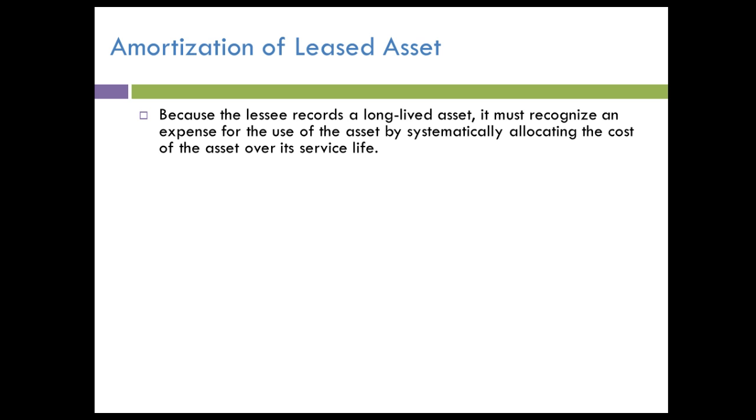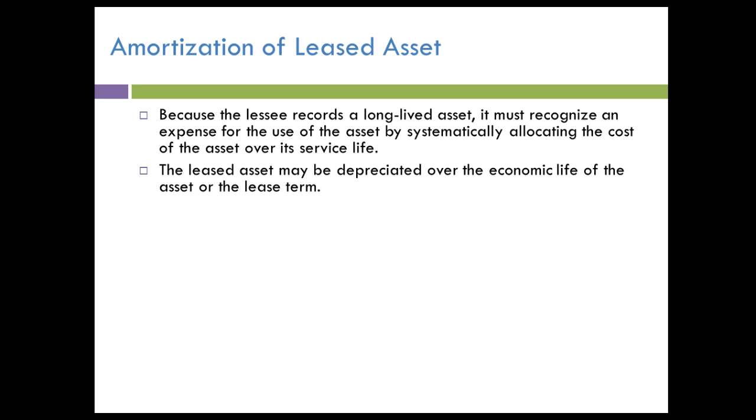So when we're dealing with amortization of the leased asset, the lessee is going to record on the books an asset with a corresponding liability. Now, because it's recognizing this as an asset, it needs to expense the use of this asset by allocating the cost over one or more periods, generally several periods, the life of the lease.